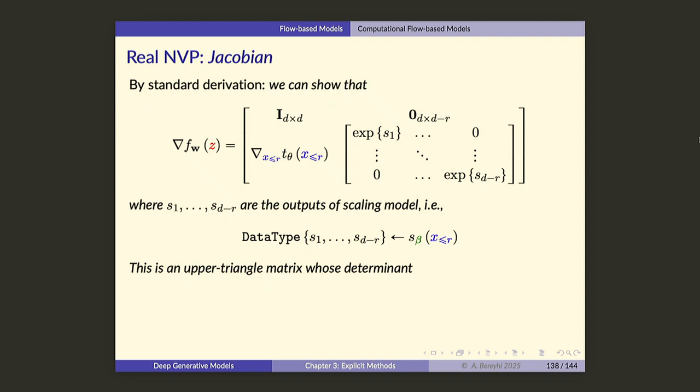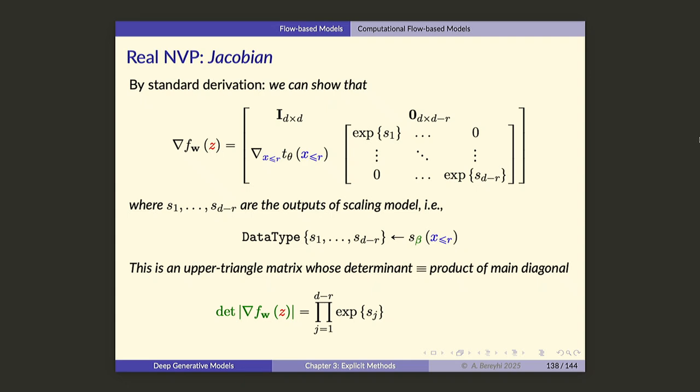So that means that the determinant of the Jacobian, which we said is the hard part of the whole computation, could be easily written in this form, right? Because the first R entries here are all 1, so they are doing nothing. And then the remaining diagonal entries are exactly the exponential of the scaling network, right? So the determinant is going to be of this form.